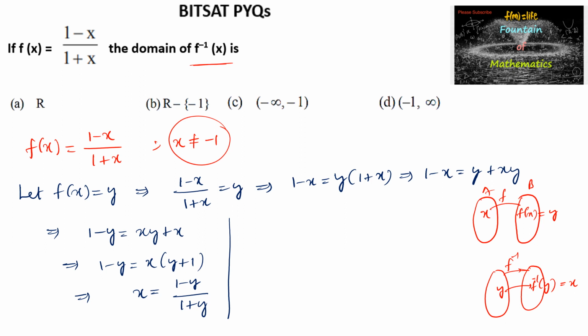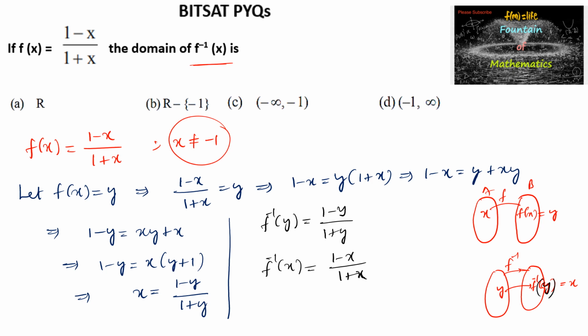So we can write x is equal to f inverse of y. f inverse of y is equal to (1 minus y) upon (1 plus y), and f inverse of x is equal to (1 minus x) upon (1 plus x).